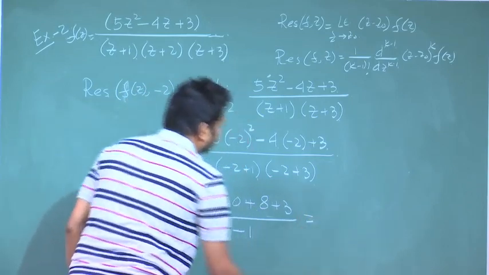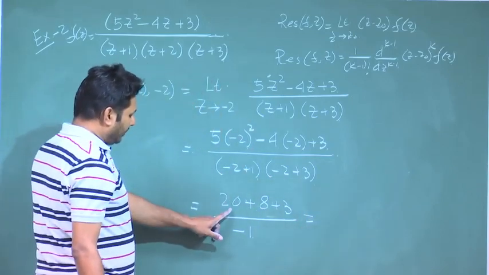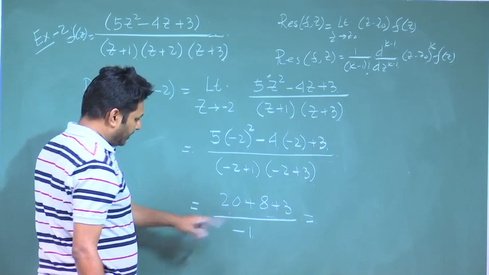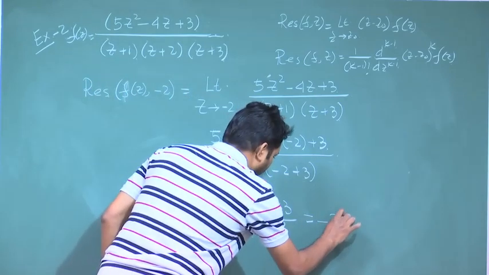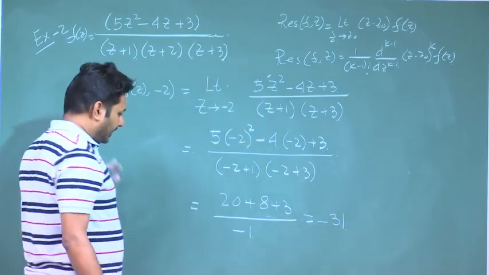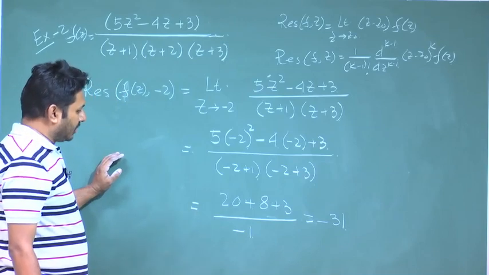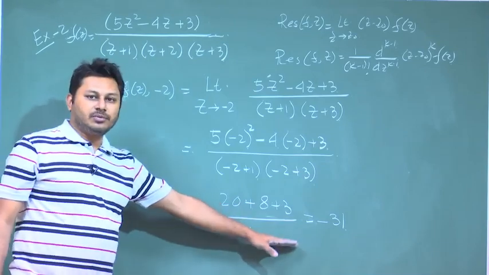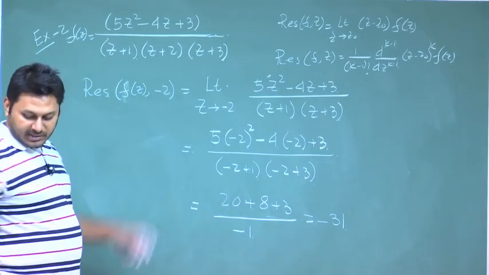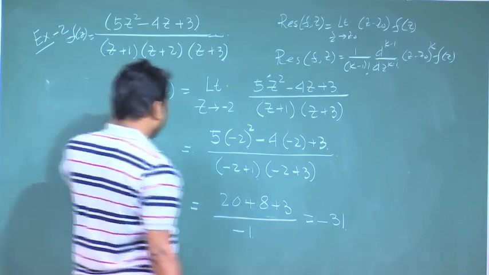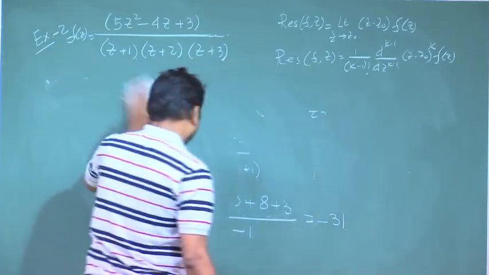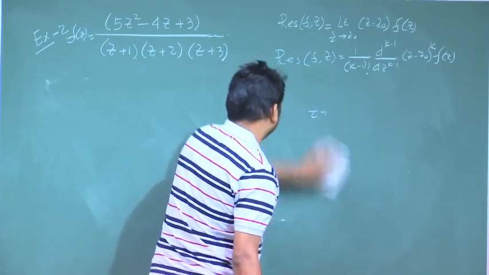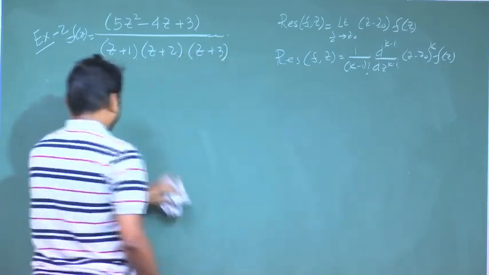So, it will be minus 31. Minus 31 is the value of the residue at z equal to minus 2. So, this is just a lengthy problem, but straightforward, you do not need to do the derivative of that.